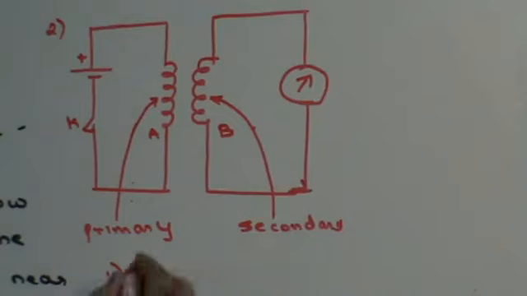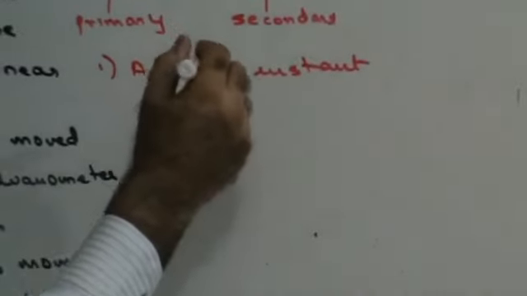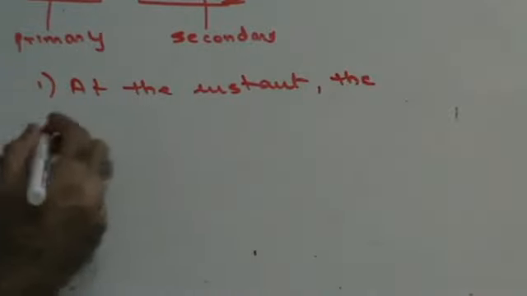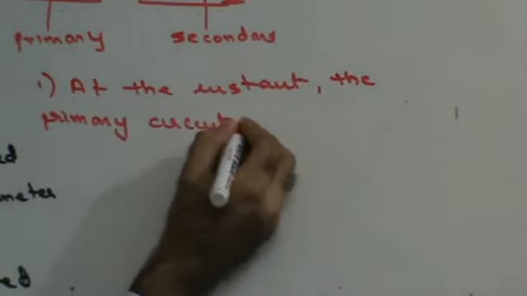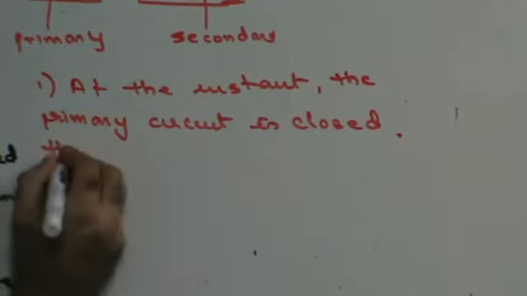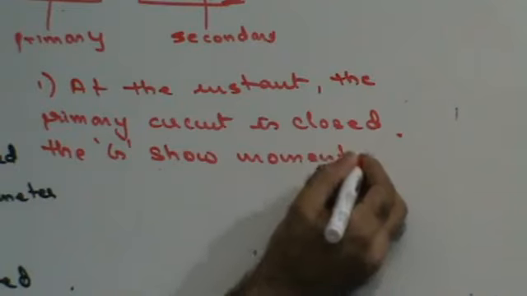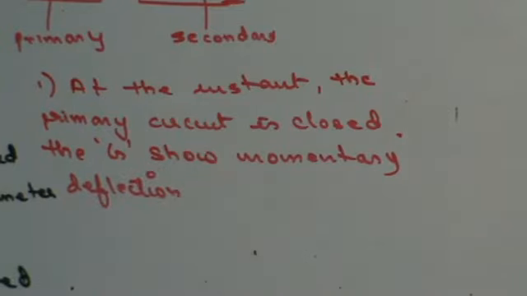At the instant the primary circuit is closed, which means the switch is turned on, the galvanometer shows momentary deflection. Right?